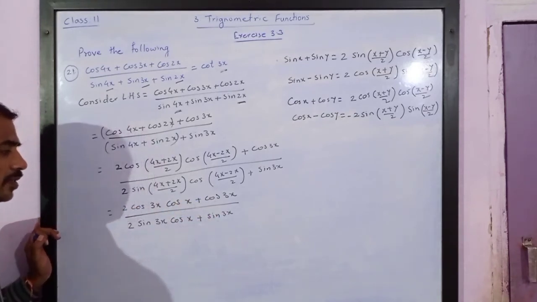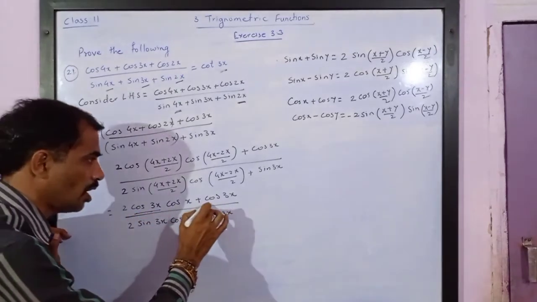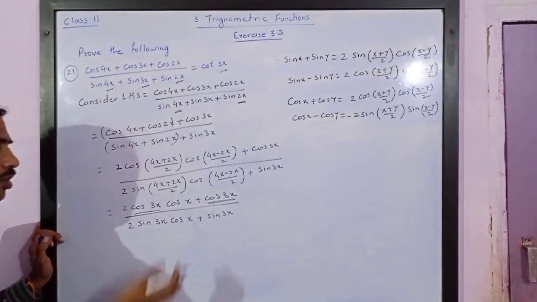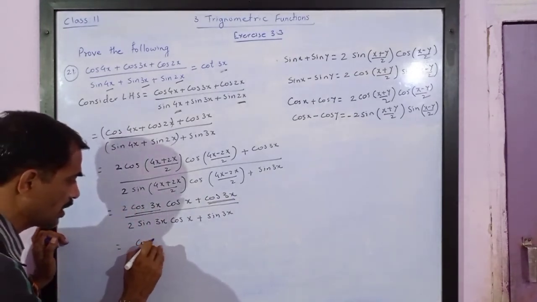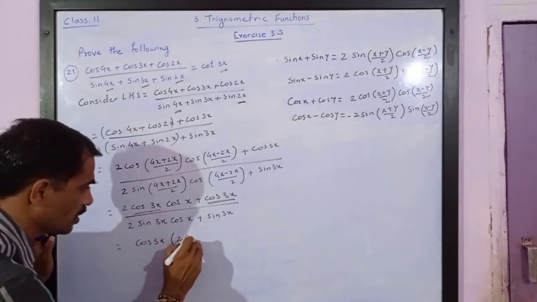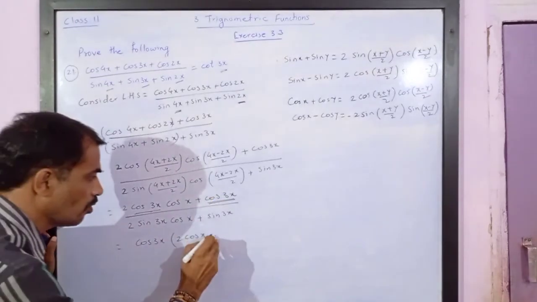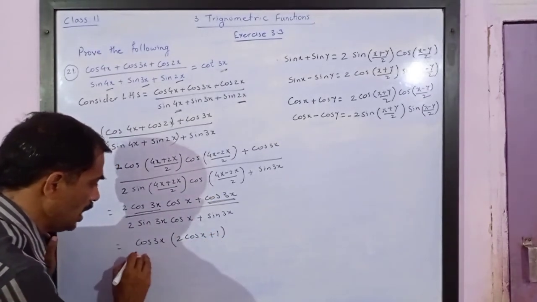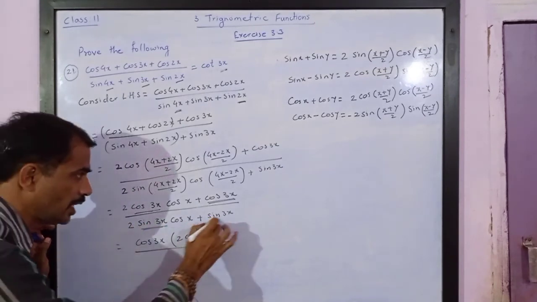So now look at the question. Look at the step that we have solved. You will see cos 3x is common. So if you take cos 3x common, from the first term we will have 2 cos x, this 2 and cos x, plus 1, and at the denominator, please watch carefully here, sin 3x is common.